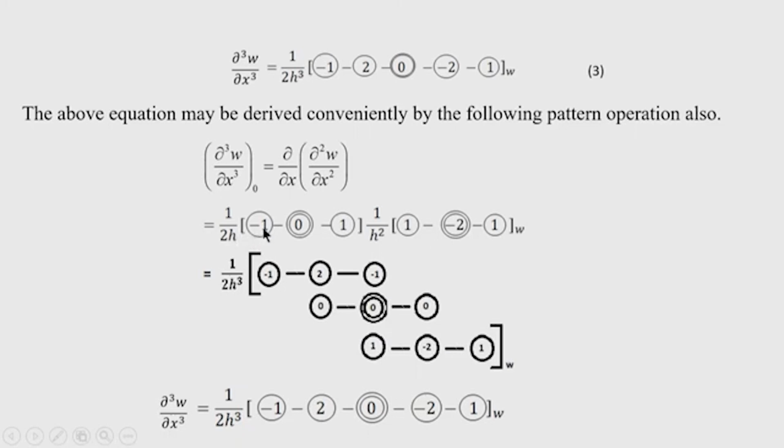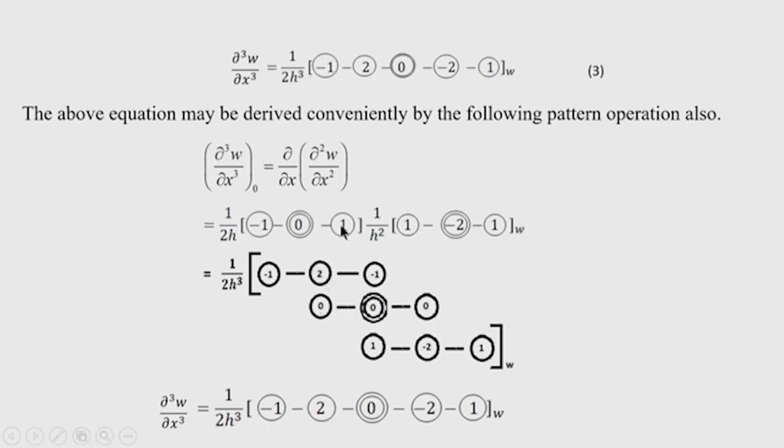So, I multiply this with minus 1. So, minus 1, minus 2 into minus 1 plus 2, then minus 1 into 1 is minus 1. Then I am multiplying all the terms by the second term 0. So, that is 0 0 0 and it is starting from the second column.